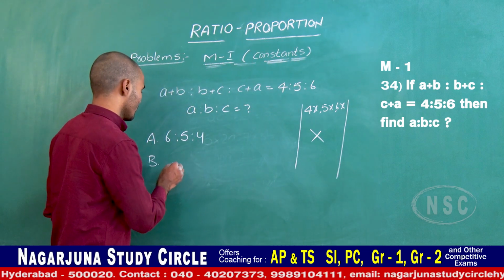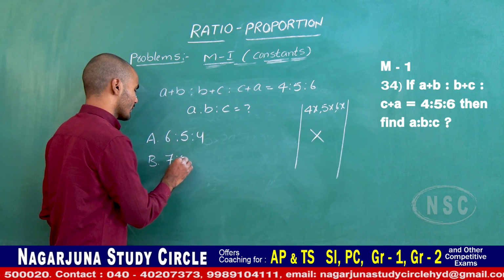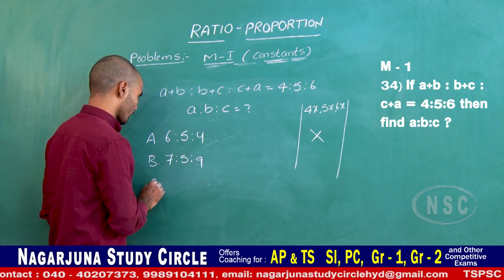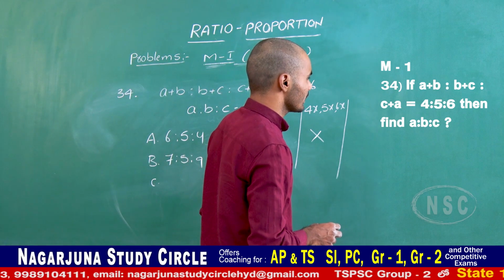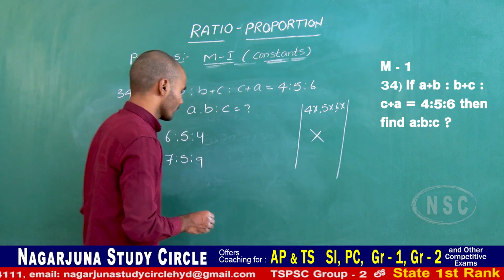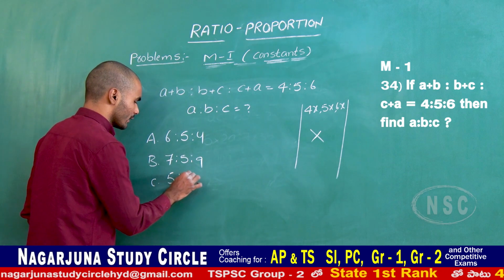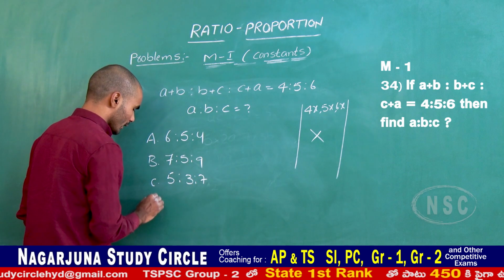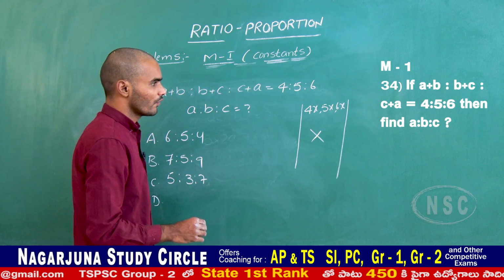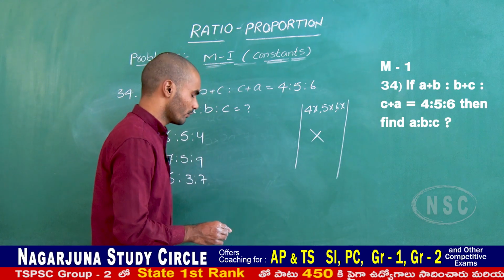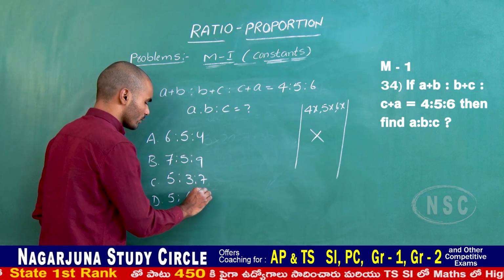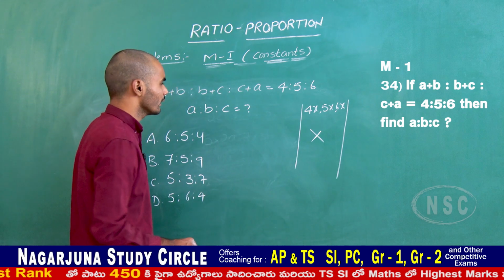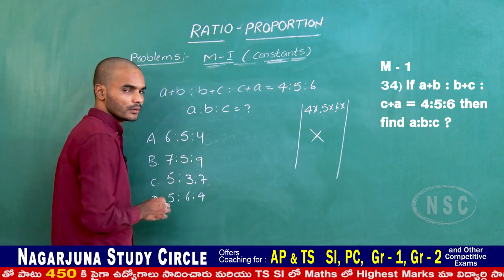Option B is 7:5:9. Option C is 5:3:7. Option D is 5:6:4.